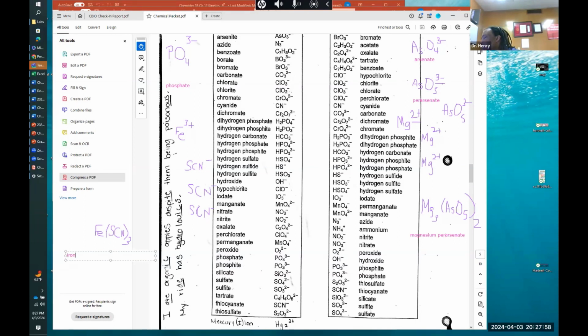What type of metal is that? It's a transition metal. So what do we know about transition metals? Oh, they need to have their Roman numeral, right? So I need the Roman numeral 3, to let me know that it has a 3 plus charge.